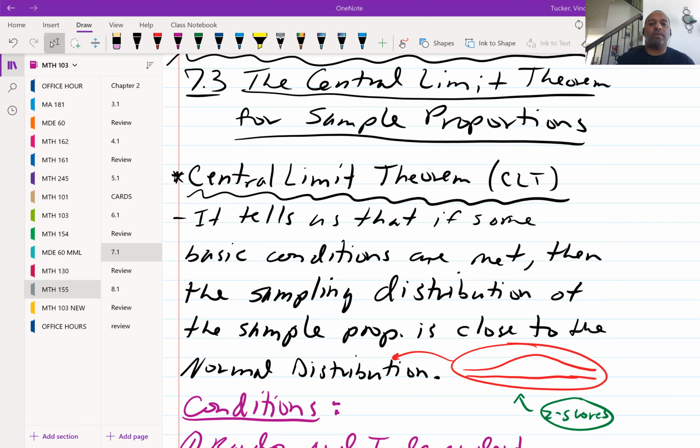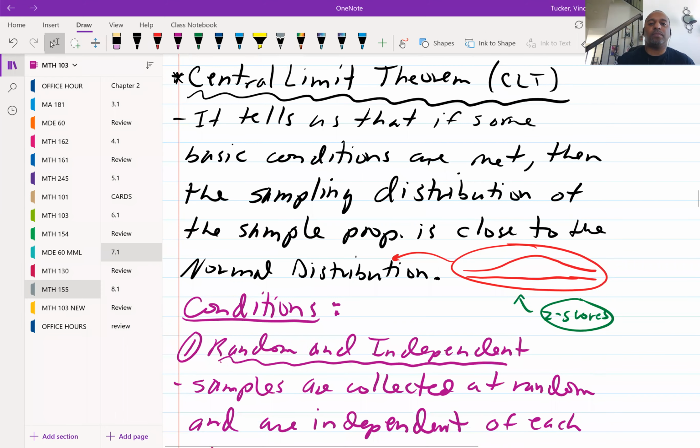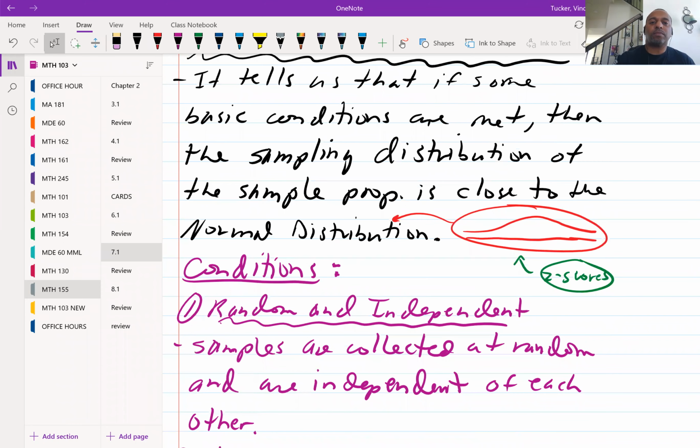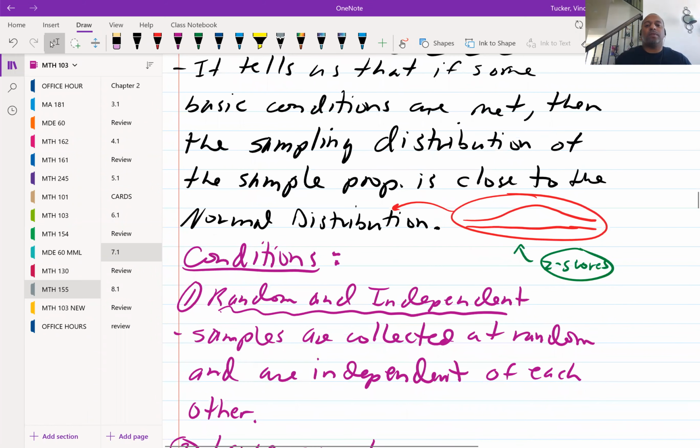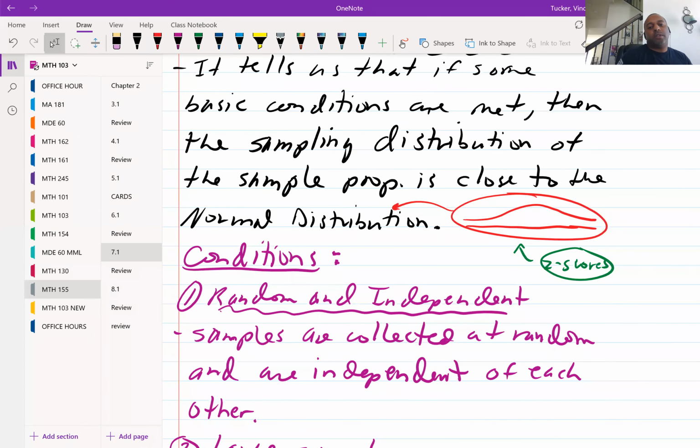All right, scrolling up some. So we'll go through the conditions. First one, we have random and independent. So if your samples are collected at random and are independent of each other, it's one of the conditions.